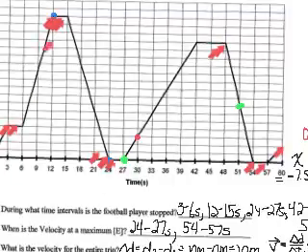So this is just a verbal description of what could possibly be going on with this football player during this game. And when you're describing a graph, try to make it so that it makes sense with what's going on in the graph itself.